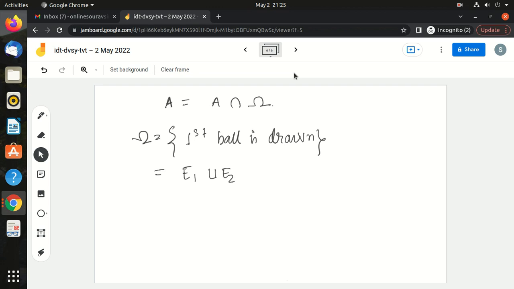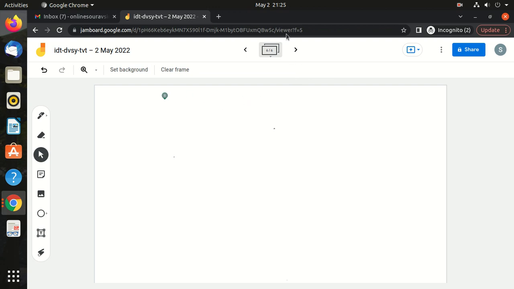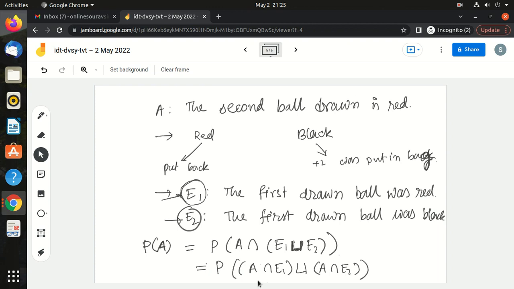Okay. So A is equal to A intersection omega, and from that equality it follows. Now look at this: P of A intersection E1. If you write it down in terms of probability, what do you get?